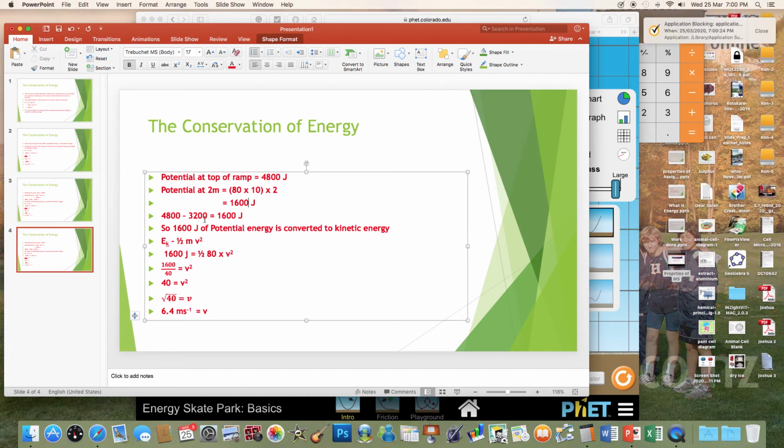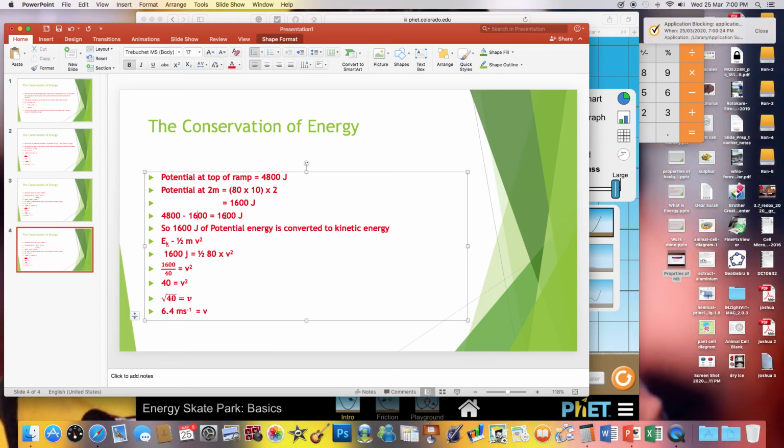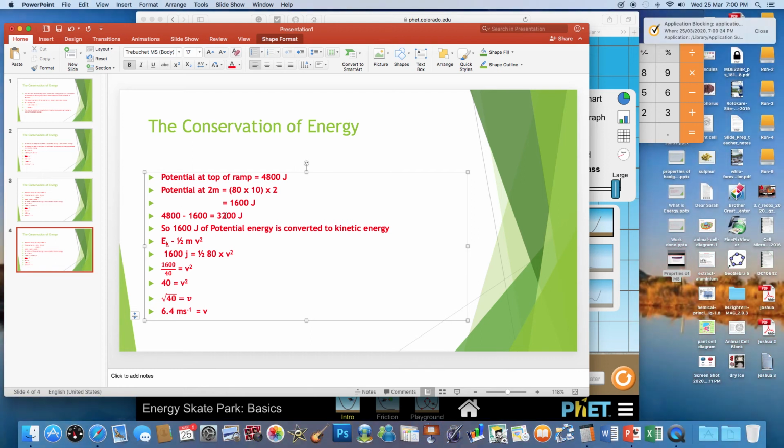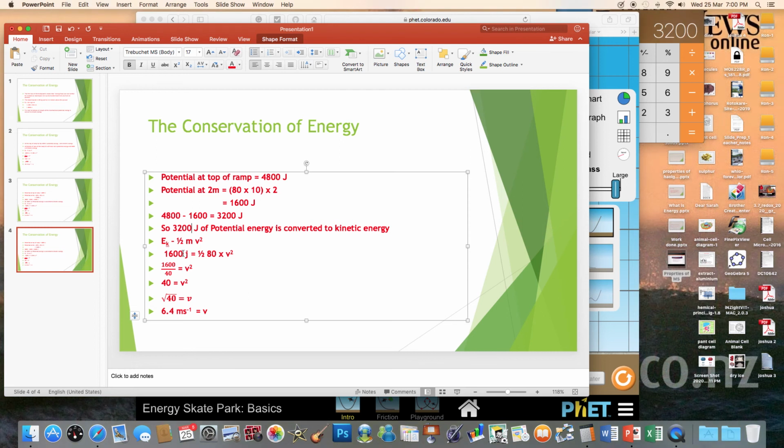The difference is going to be now 3,200. Yeah, that'll be right, 3,200 joules. So 3,200 joules of potential energy has been converted to kinetic energy.